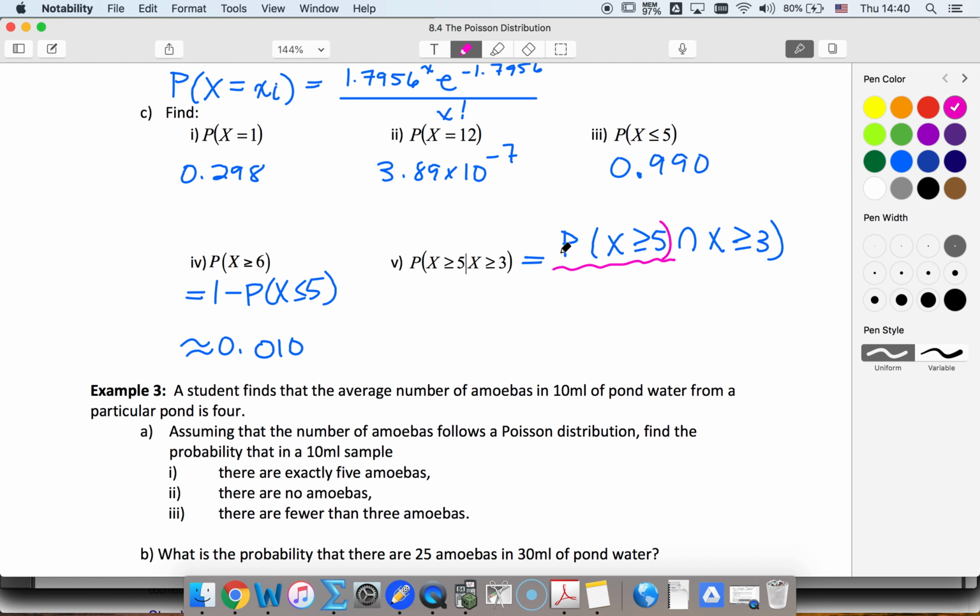I could stop there. And then I'm going to divide that by my probability that x is greater than or equal to 3. So calculating this will be 1 minus the probability that it's less than or equal to 4, divided by 1 minus the probability that x is less than or equal to 2.